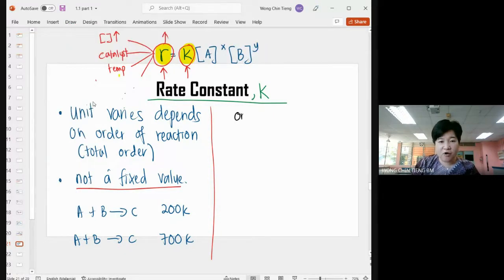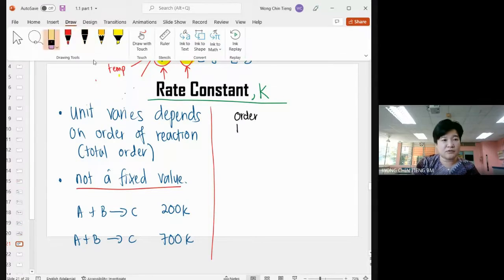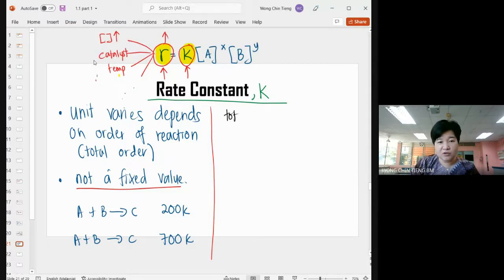If I have the order, or I would say the total order of reaction, and then the unit of K. If the total order is 0, anybody?